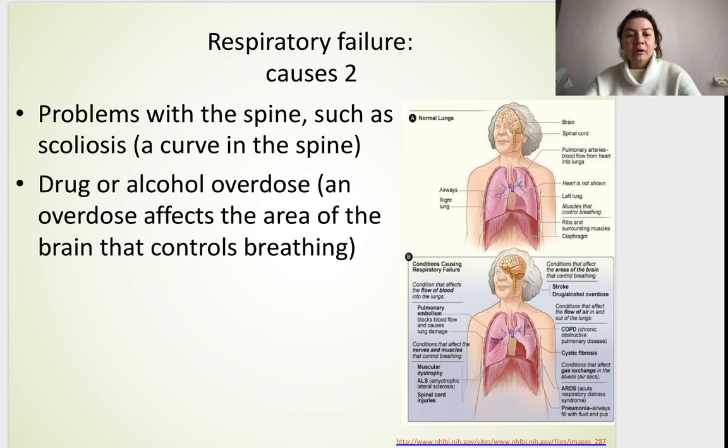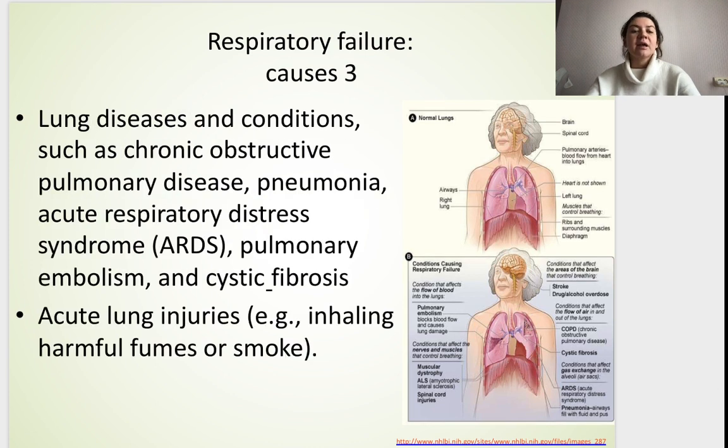Drug or alcohol overdose. An overdose affects the area of the brain that controls breathing. Lung diseases and conditions such as all previous: COPD, pneumonia, acute respiratory distress syndrome, pulmonary embolism, cystic fibrosis, etc. It is, of course, acute lung injury, inhaling harmful fumes or smoke.